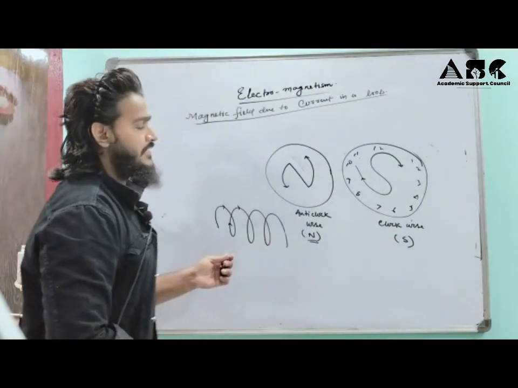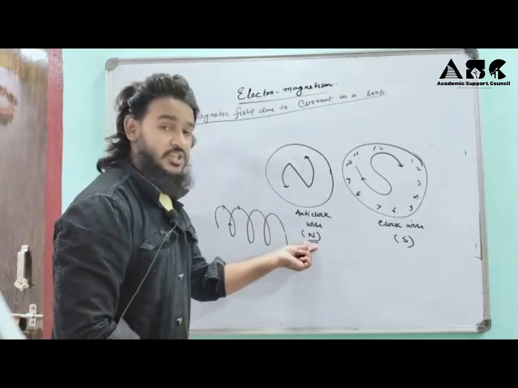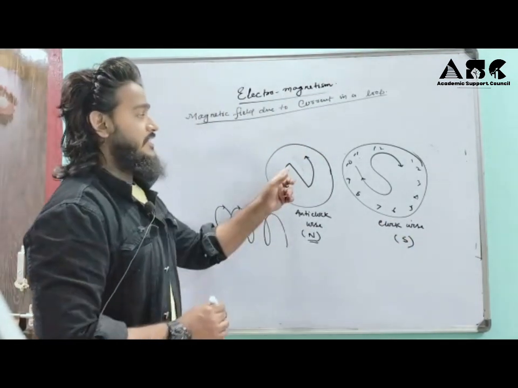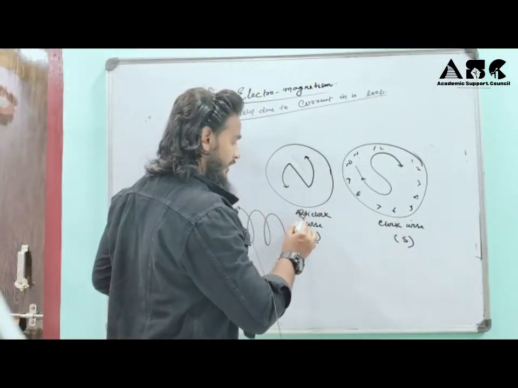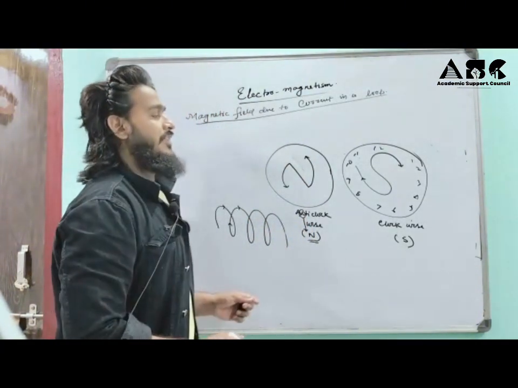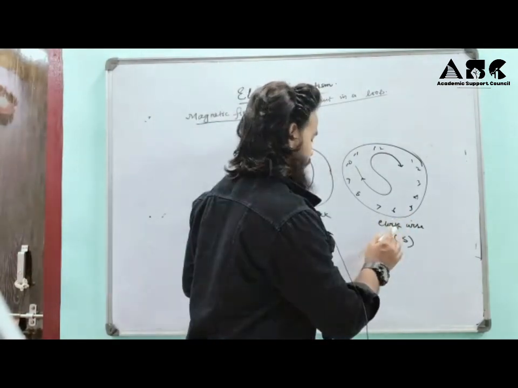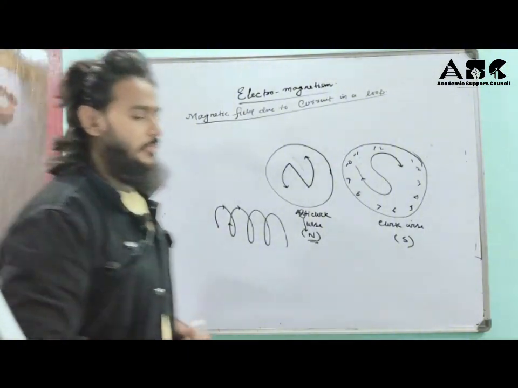I hope this point is clear. So when the current is passing anti-clockwise, that face indicates the north pole, and when the current is passing clockwise, that face will behave as a south pole. I hope this point is clear.